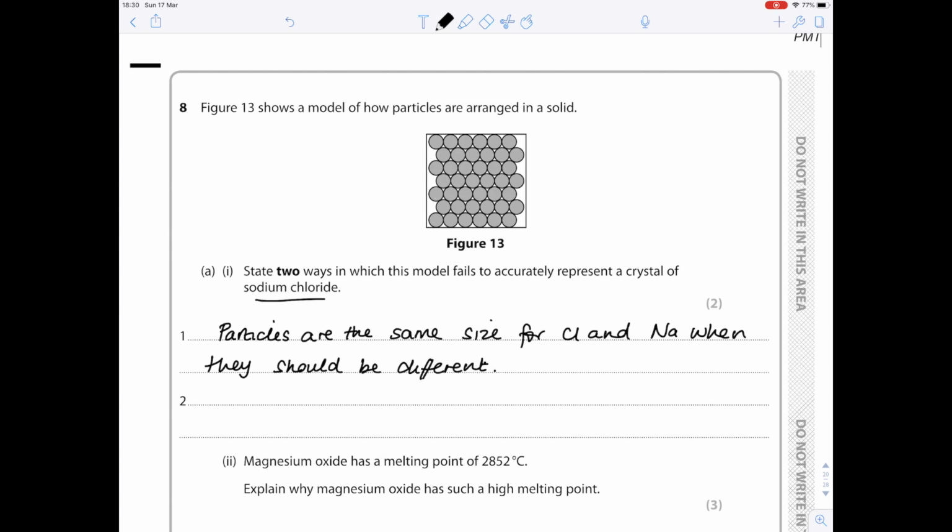And lastly, remember, because sodium chloride is a giant ionic lattice, it means it has a complex 3D crystalline structure, which I can't really draw, but it looks something like this. So 3D, whereas this is obviously 2D.